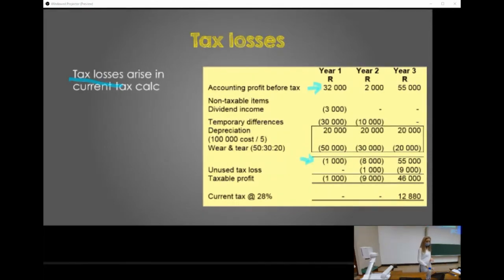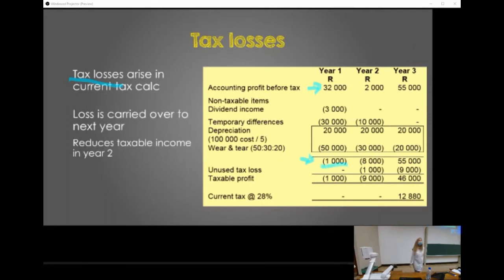Okay, and then what happens is, if we have a tax loss in year 1, we are obviously not going to pick up the phone and phone the receiver and say, hey, I made a tax loss, so if I made a profit, I would have had to pay you money. No, I made a loss, now you have to pay me money. Doesn't work that way.